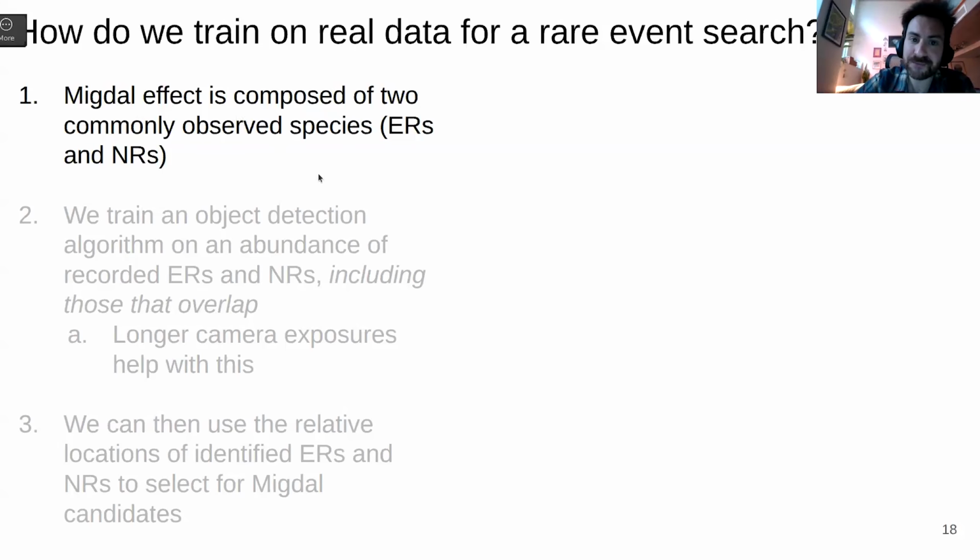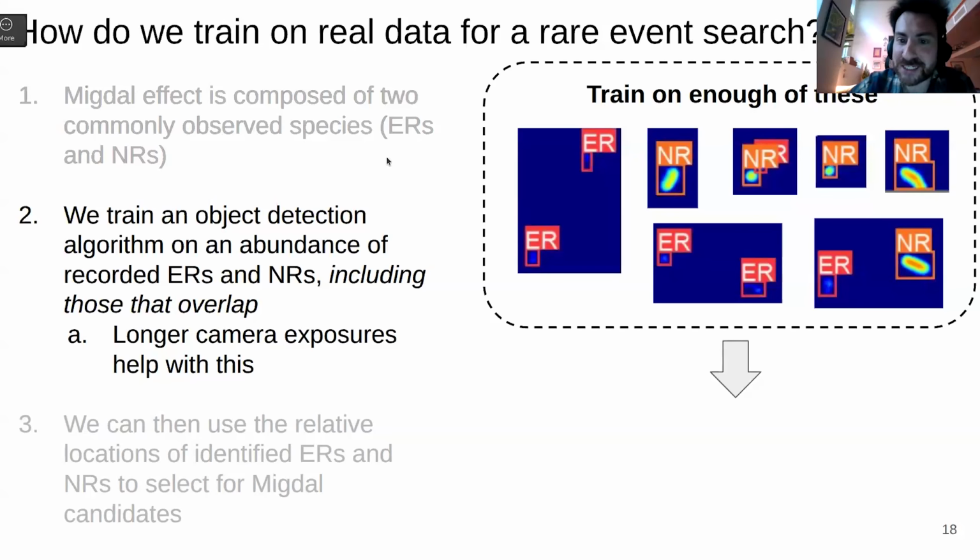So we train an object detection algorithm to get really good at identifying electron recoils and nuclear recoils in isolation. We also have some instances where they overlap. Since we're using an optical camera, we can increase the exposure time, and that gives you more of these coincidences where you have overlapping tracks that aren't actually the Migdal effect, but they look like the Migdal effect.